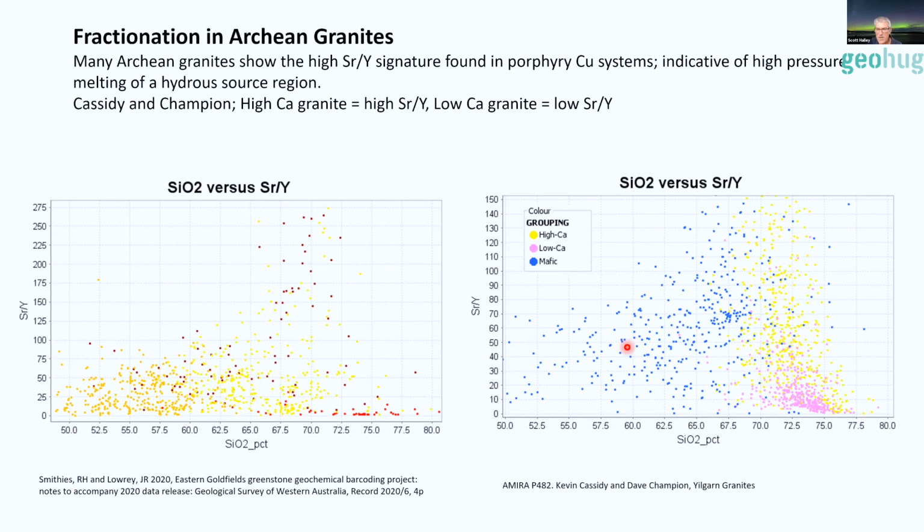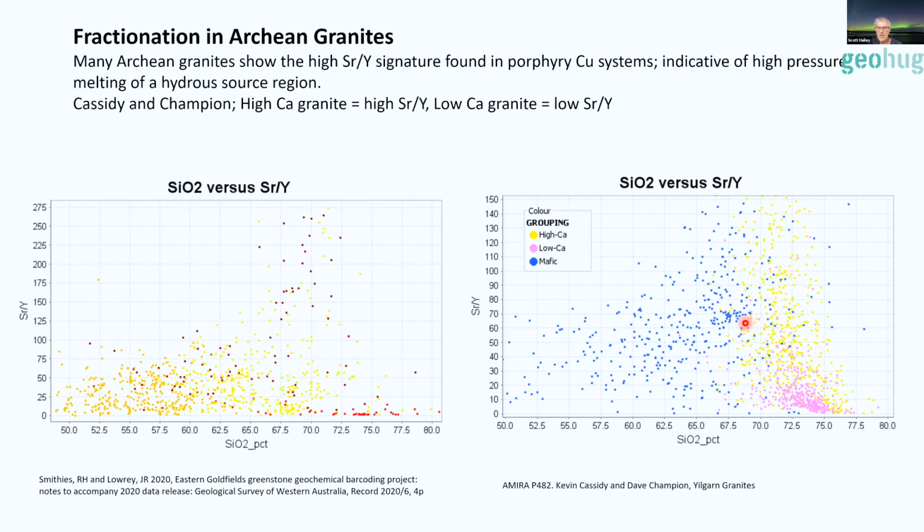So there's a much more extensive data set that was collected as an Amira project by Kevin Cassidy and Dave Champion. And again, on this diagram, the porphyry copper window is in about here. So what this diagram shows us is that there's an enormous suite of granites and volcanic rocks in the Yilgarn that are a result of high pressure melting of a hydrous source region.